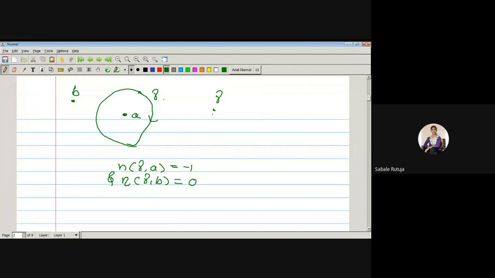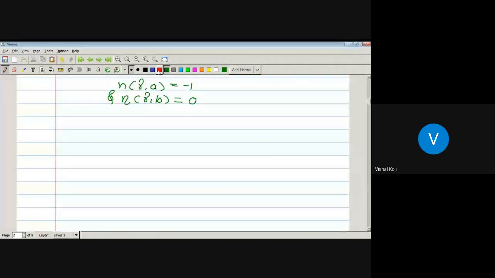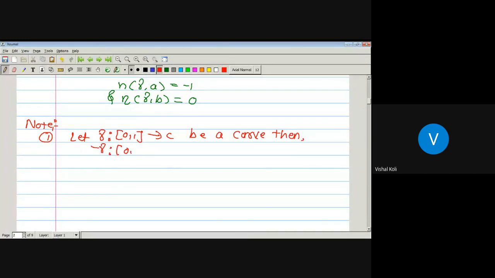Yes sir. Okay. Now there are some notes. Let gamma from closed interval [0, 1] to C be a curve, then minus gamma is also a curve from closed interval [0, 1] to C, and it is defined by minus gamma of t is nothing but gamma of 1 minus t, where t belongs to closed interval [0, 1].